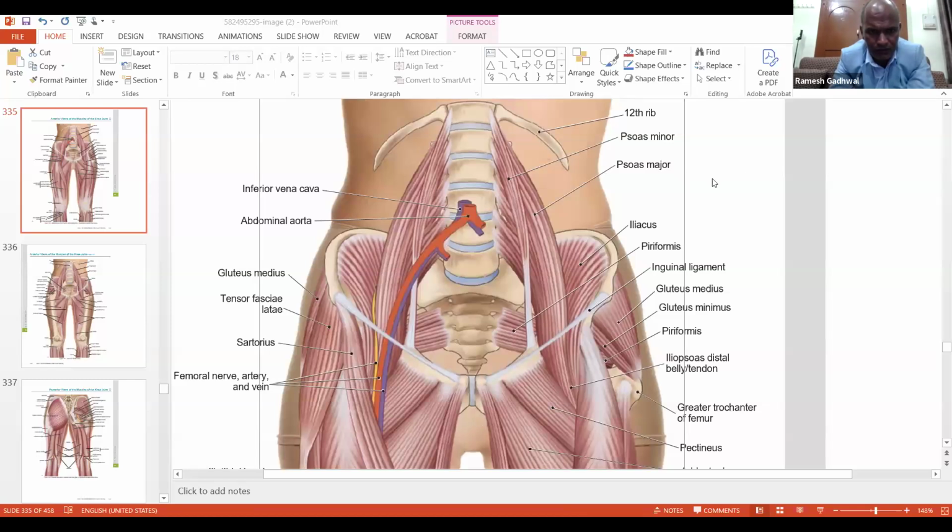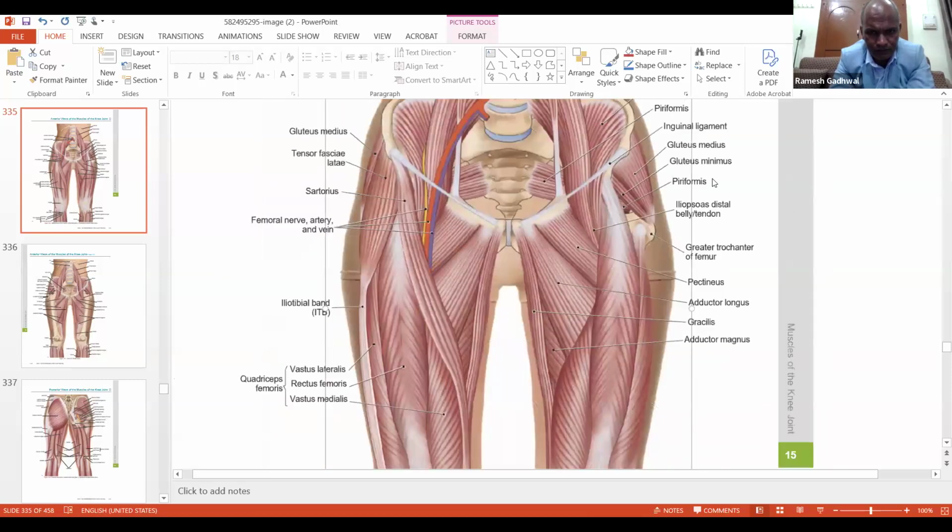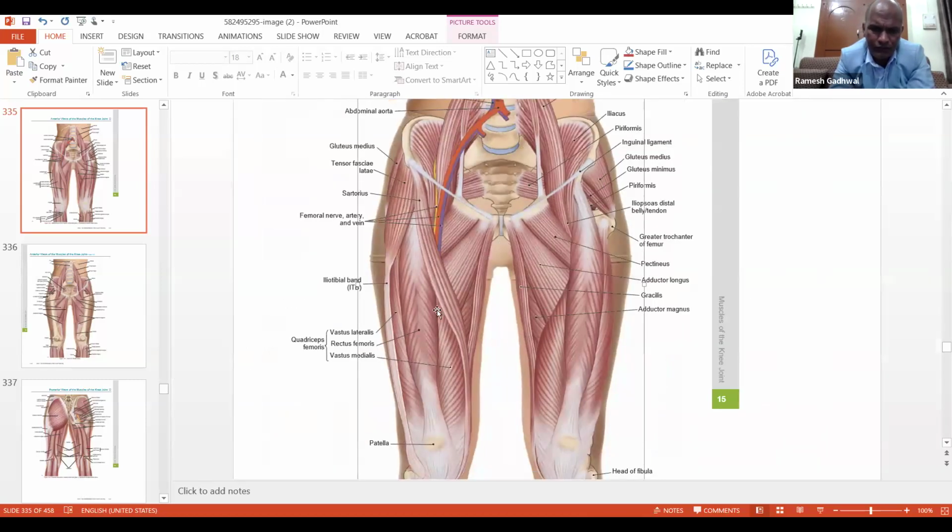If you see in this picture, you see these muscles. If I am going with colors, then these muscles, sartorius, it is called a tailor's muscle.